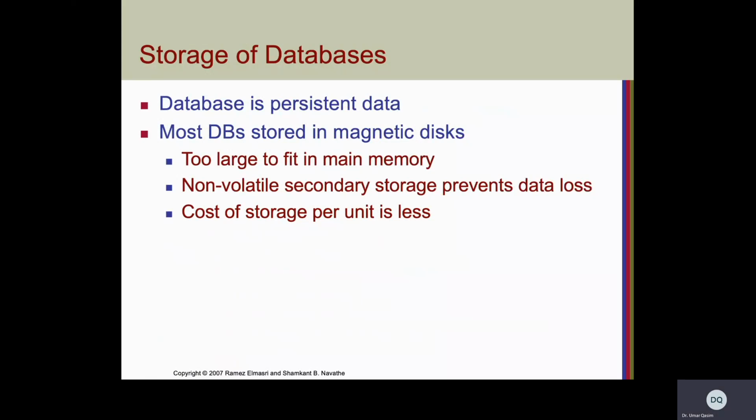And the cost: if the data is in the memory, RAM is quite expensive. On the other hand, the per unit cost of data storage on hard disk is quite less. Hard disks are not that expensive if we compare them with RAM.